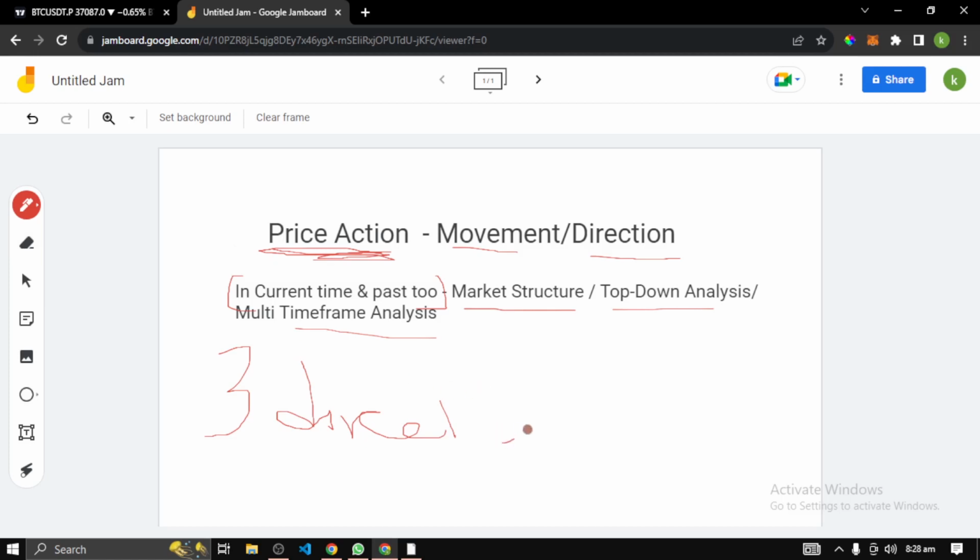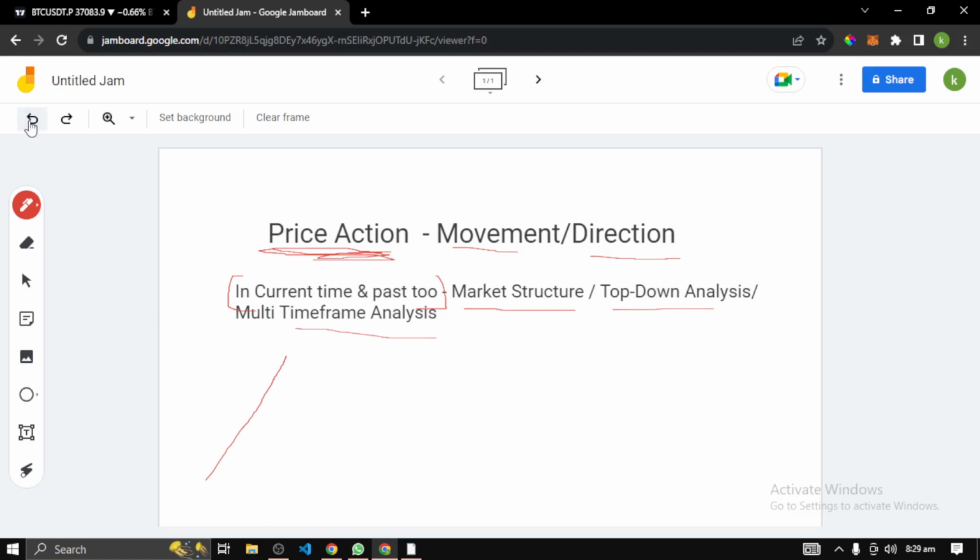Price can decide to go up, or price comes down, or price is just sideways. So these are the three ways price reacts: price is either up, either down, or straight.